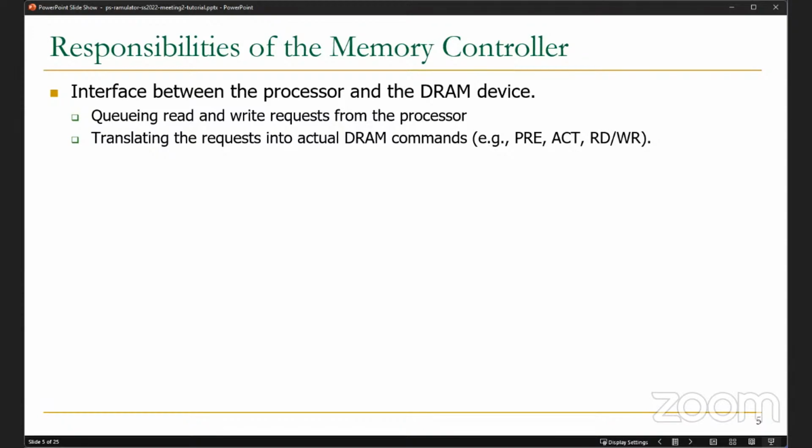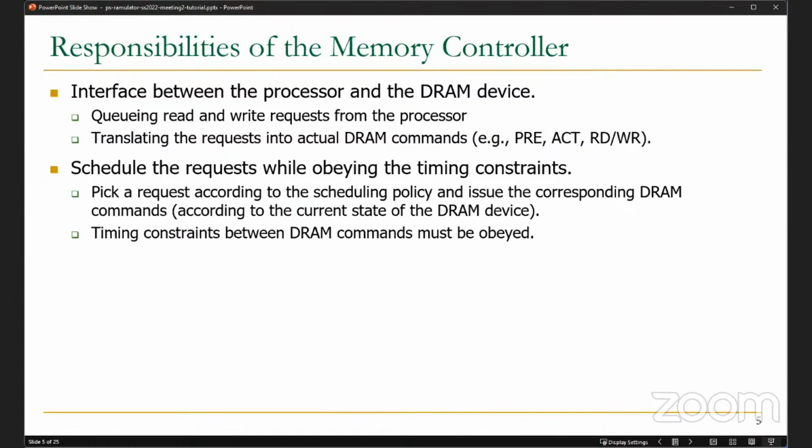Let's say if the request is a load request, then the memory controller must issue a read command for this request. Second, the memory controller needs to schedule the commands of the request while obeying the timing constraints as defined in the DRAM specification.